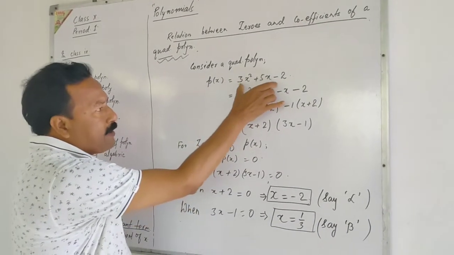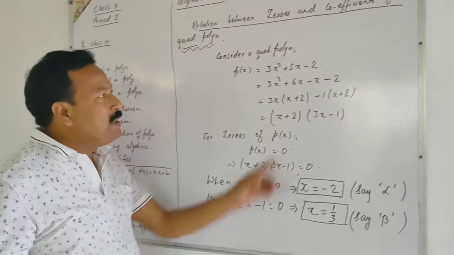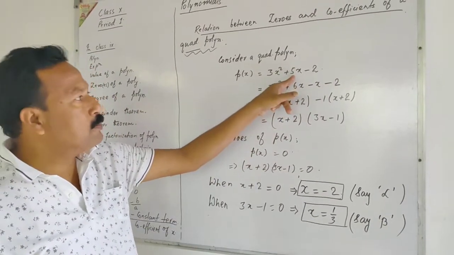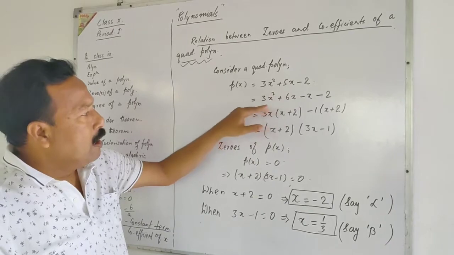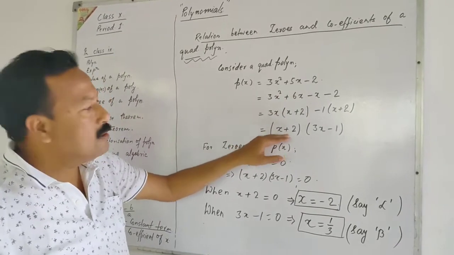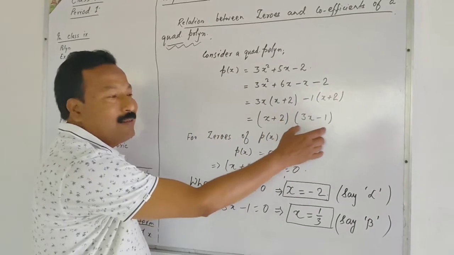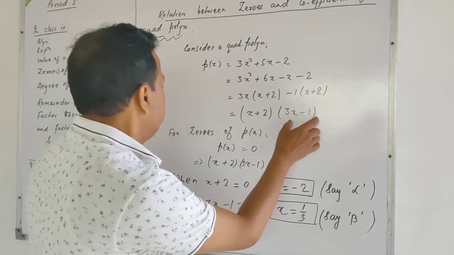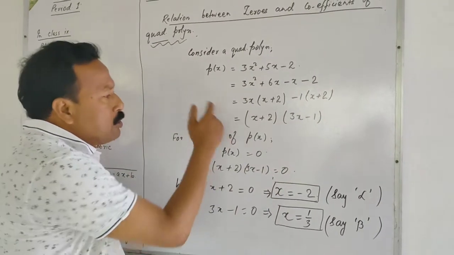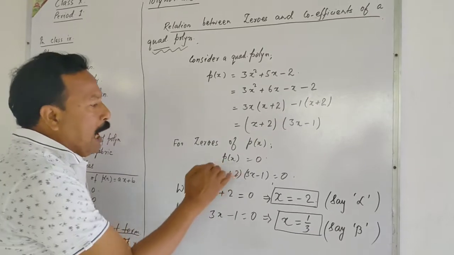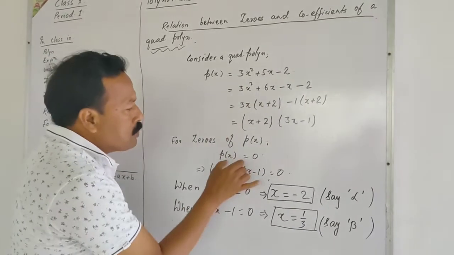By splitting the middle term of this polynomial, we'll get the two factors as x plus 2 and 3x minus 1. For the zeros of p(x), we shall have to equate p(x) equals 0.